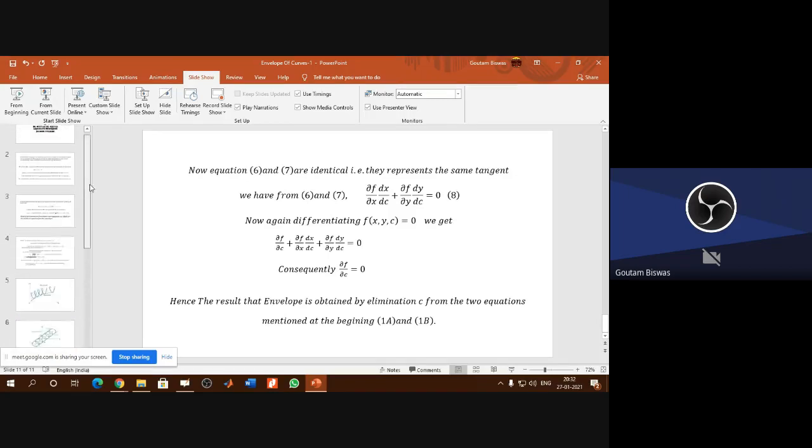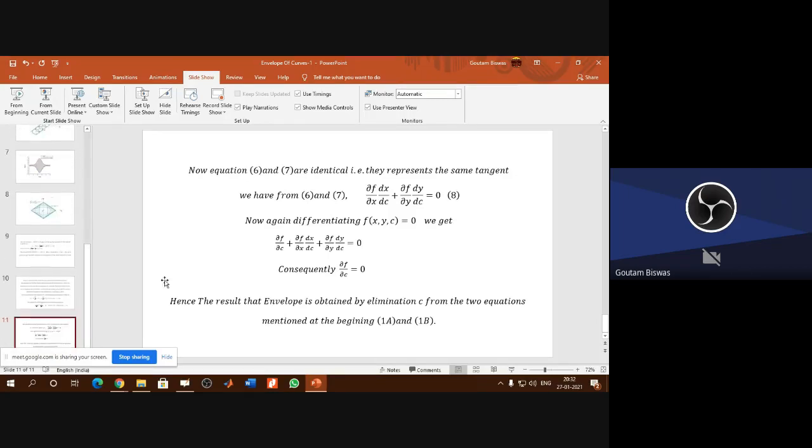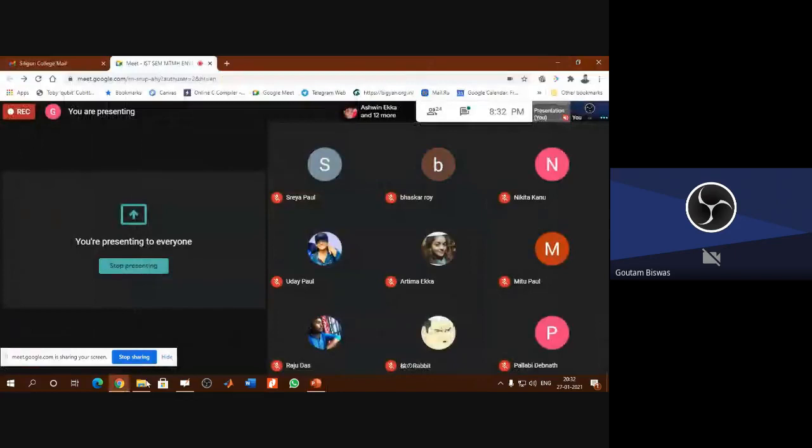Now this is where we shall do some mathematics using this procedure. Let us do it here.